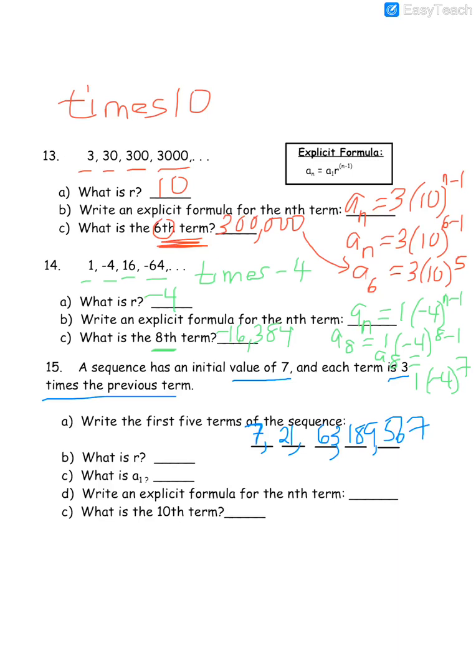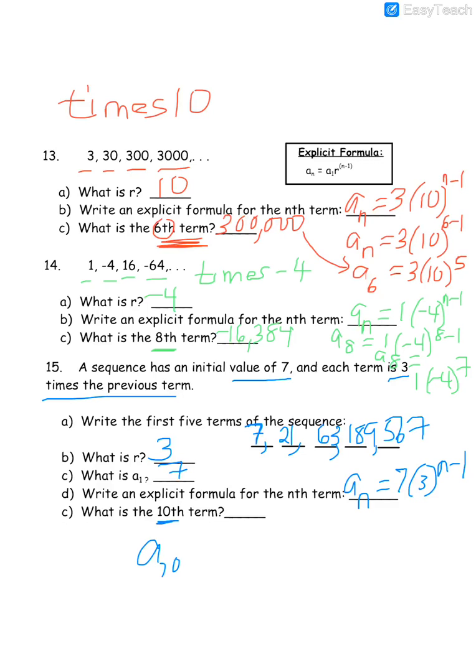So what is r? 3. What is a sub 1? 7. What's my explicit formula? a sub n equals 7 times 3 to the n minus 1. What is the 10th term of the sequence?